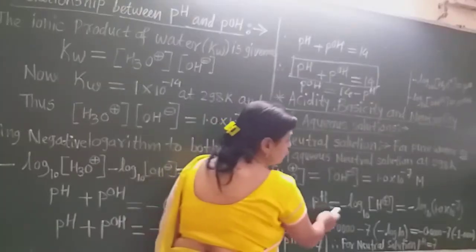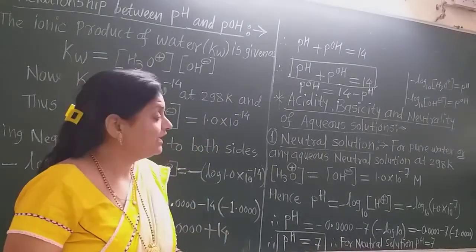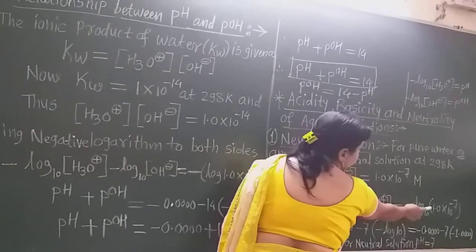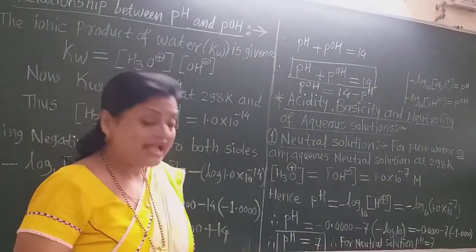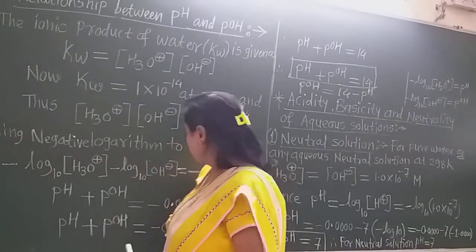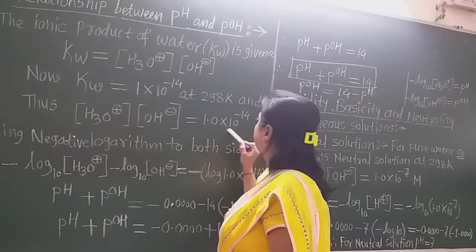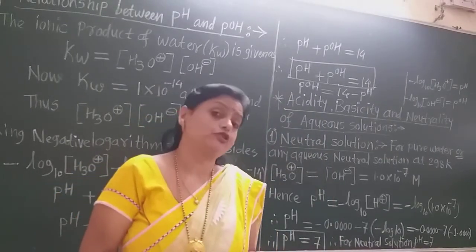Now pH is equal to minus log to the base 10 of H plus ion concentration. What is the value of the H plus ion concentration? It is equal to minus log to the base 10 of 1.0 into 10 raised to minus 7.